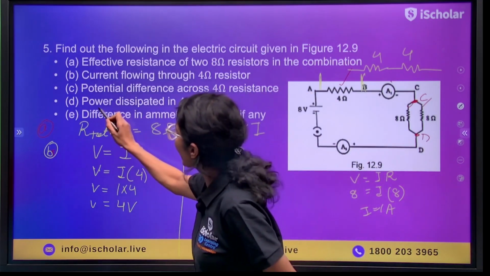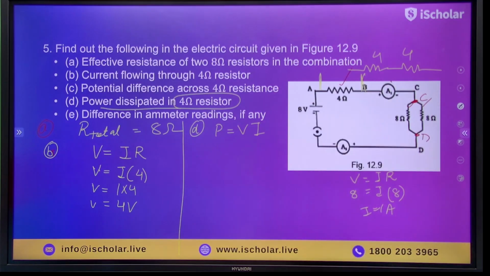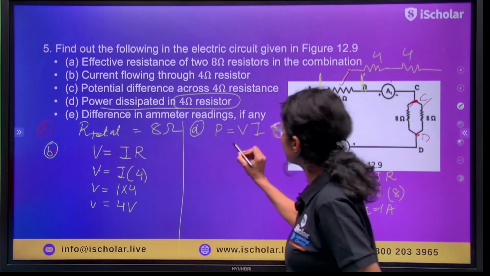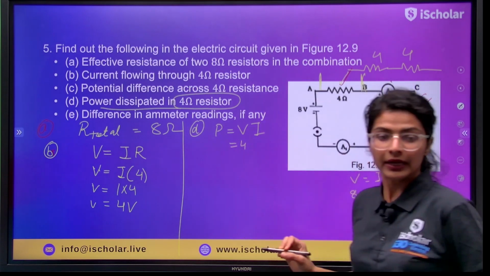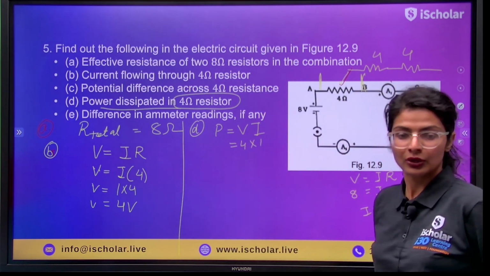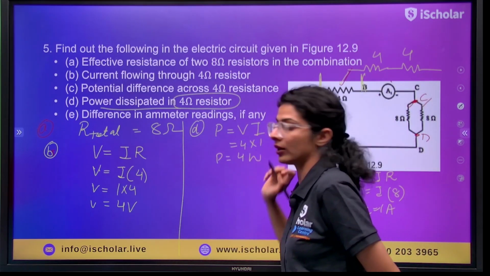So to calculate the power dissipated in the 4 ohm resistance, the voltage is 4 into the value of current passing through here, which is 1. So again we get the value of power to be 4 watt.